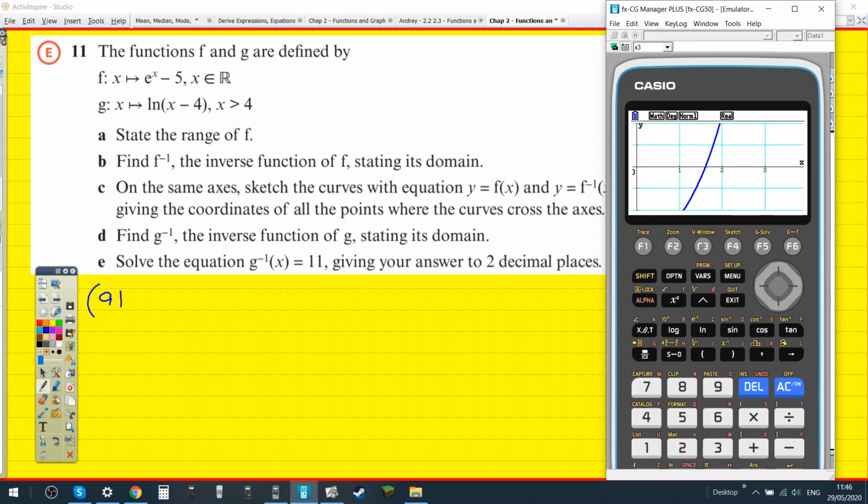Would it be something like y is greater or equal to minus 4? That would be for the inverse function you're thinking of. The y-intercept is -4. It goes lower than that though.